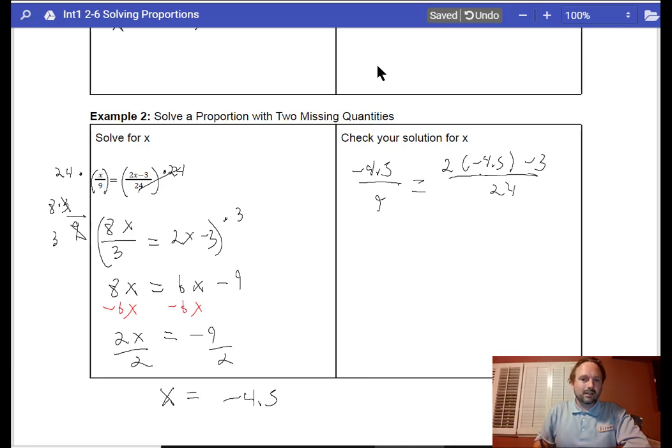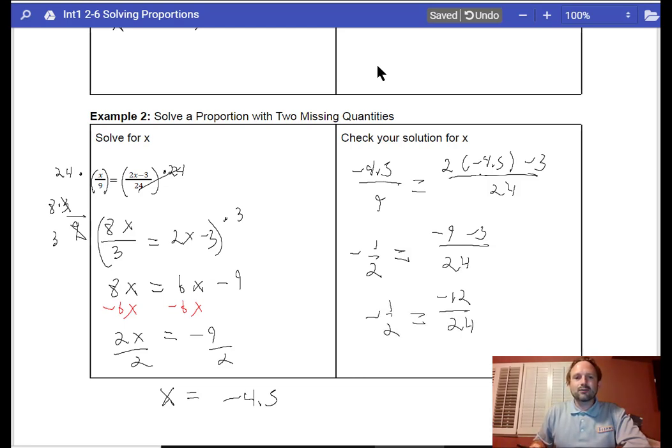Going through this, this would be negative 1/2 is equal to 2 times that is negative 9 minus 3 over 24. Negative 9 minus 3 is negative 12 over 24. Oh, that would be negative 1/2. So yes, these two fractions are equivalent. So it makes a proportion. It's done. Let's go on.